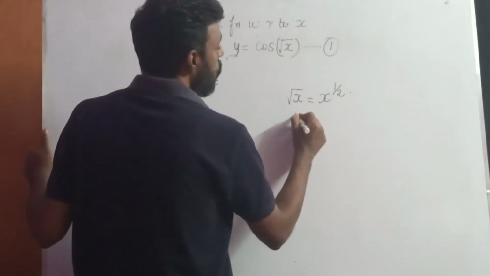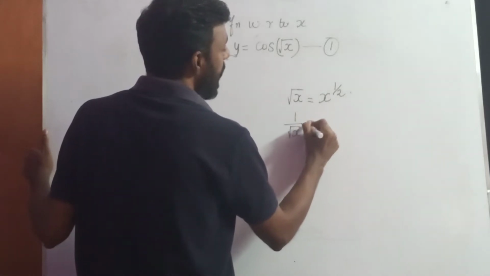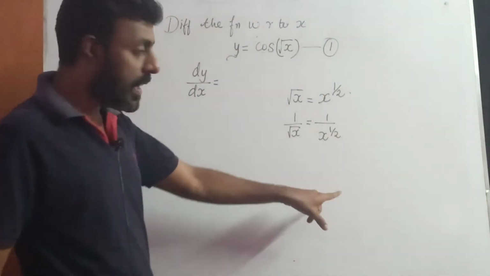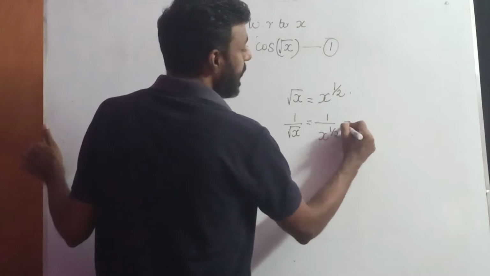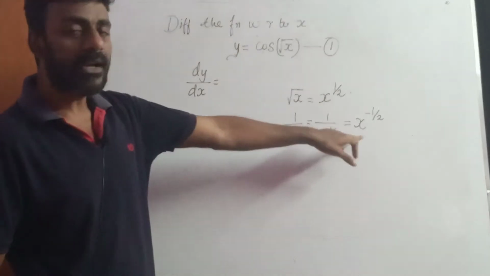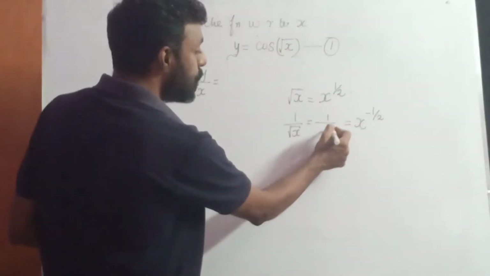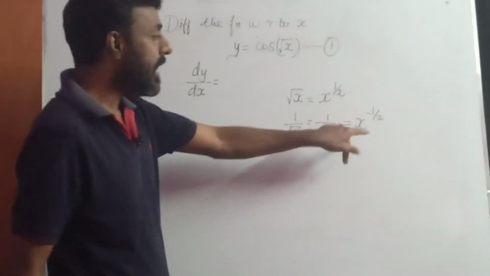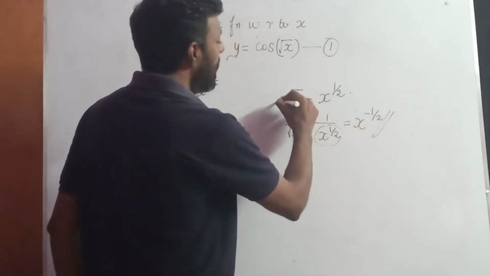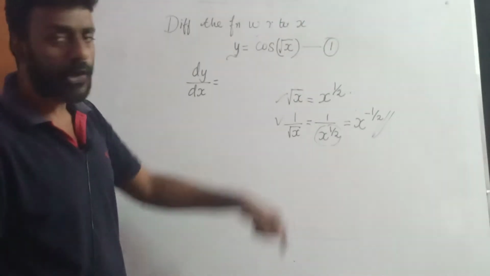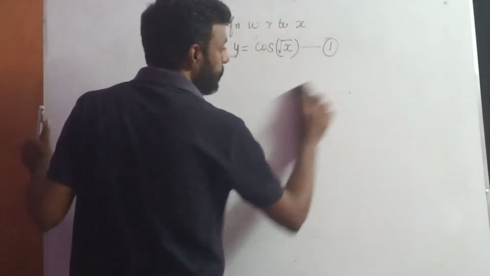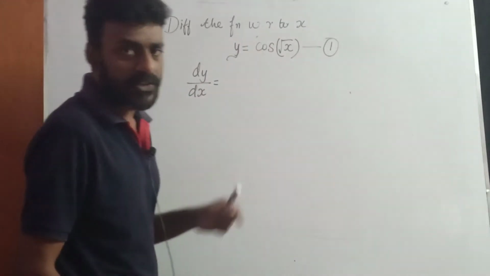Similarly, 1 by root x I can put as 1 divided by x to the power half, or else I can write it as x to the power minus half. I am bringing the denominator term to the numerator, provided I change the sign in the power. So I will get x to the power minus half. This is a basic concept which you would have learnt in your elementary classes, just a small recap of it, because we are going to differentiate that function in this problem.